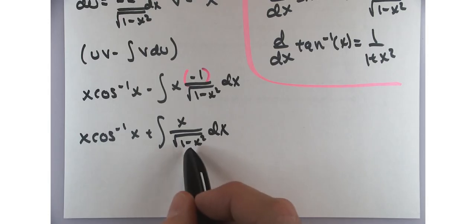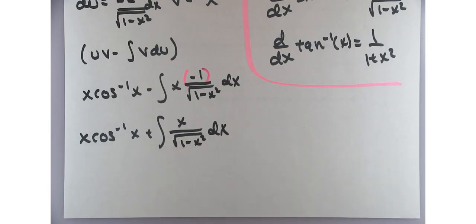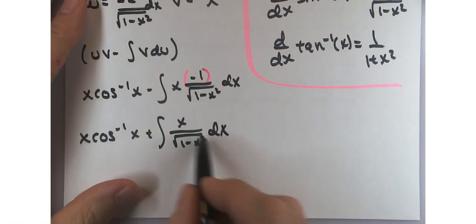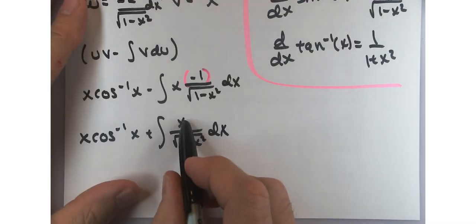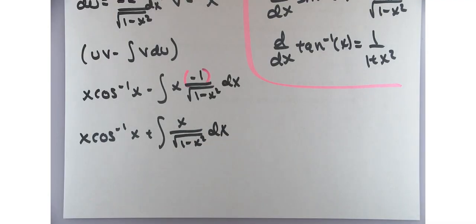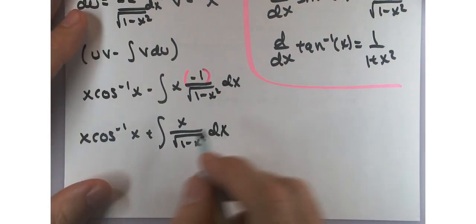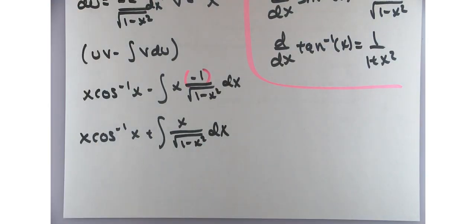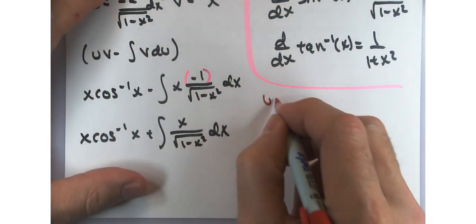Now, what happens when you differentiate a polynomial? What happens to its degree in general terms? When you differentiate a polynomial term, it goes down by 1. And if you look here, you've got an x squared term, 1 degree less than that, that's an x term here. So that's kind of nudging you towards choosing u equals 1 minus x squared.